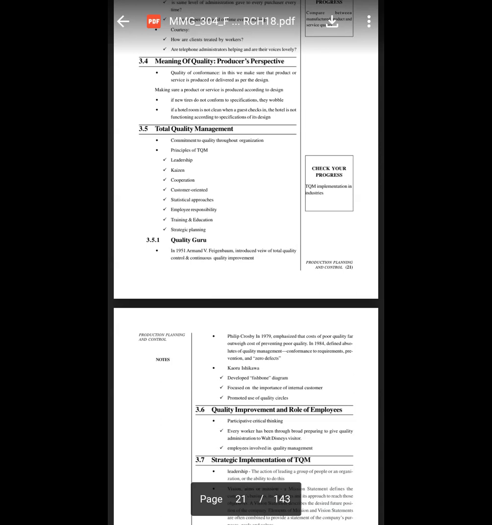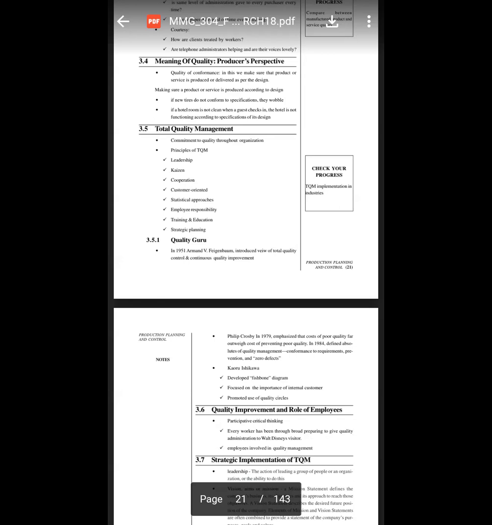They have defined the absolute of quality management. They have given more focus on quality management and zero defects. Zero defects means there are no defects in the quality, no defects in the product. The product performance is 100% oriented, and it is definitely going to help the customer who purchases that product.